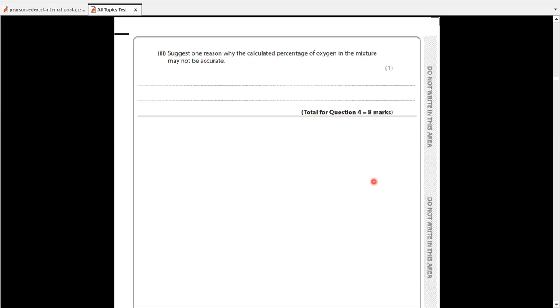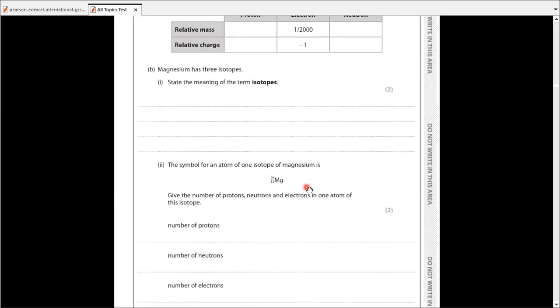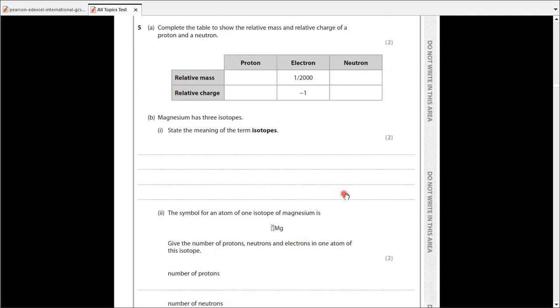So we move on to question 5. Complete the table to show the relative mass and relative charge of a proton and neutron.